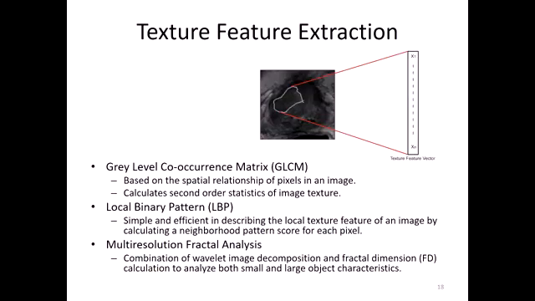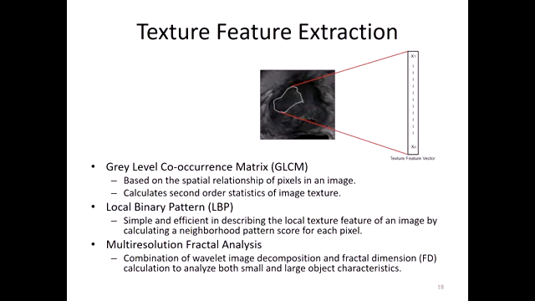Okay, so texture feature extraction. Again, we're just going to look at the region of interest and extract our texture features into this vector. And the 3 methods we're going to use: we're going to use a gray level co-occurrence matrix. It's a very old method of texture feature extraction, proven and used in a lot of the literature out there.